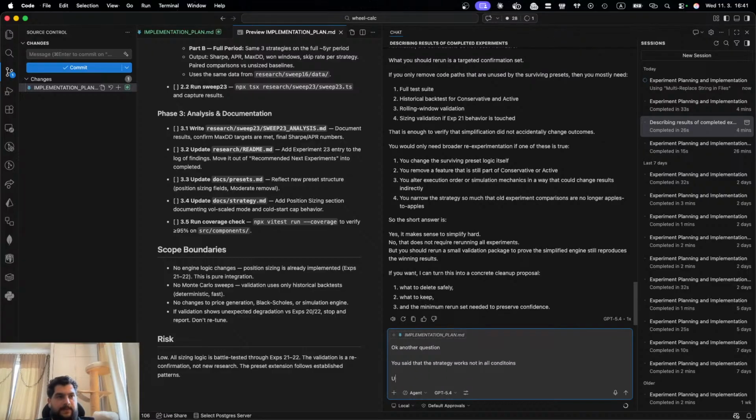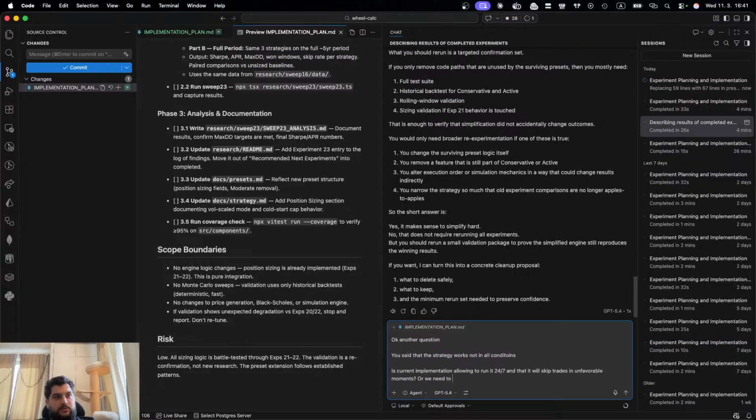Does the current implementation allow running it 24/7, skipping trades in unfavorable moments, or do we need to enable and disable the strategy based on the market conditions?